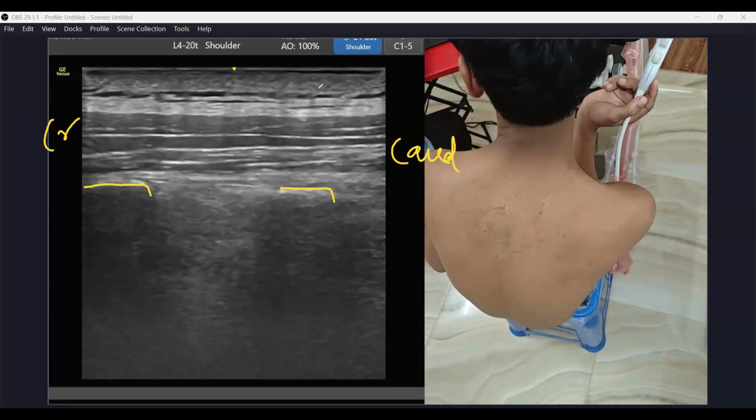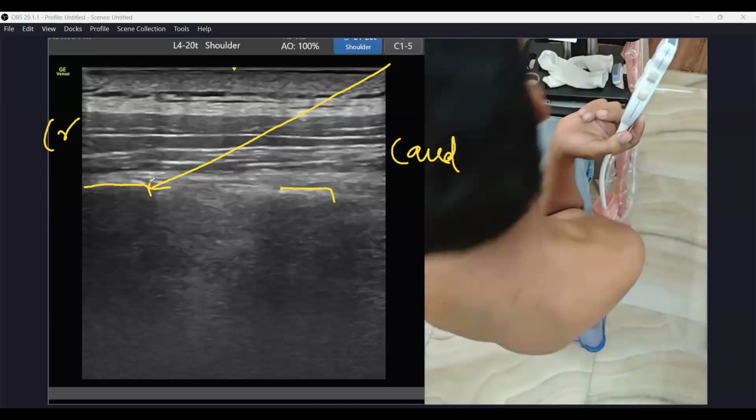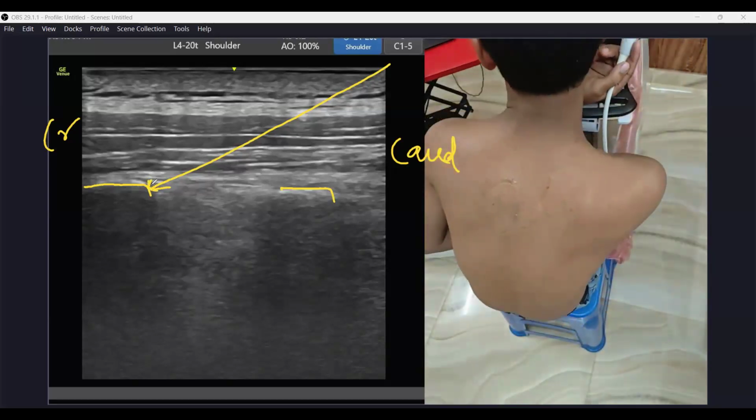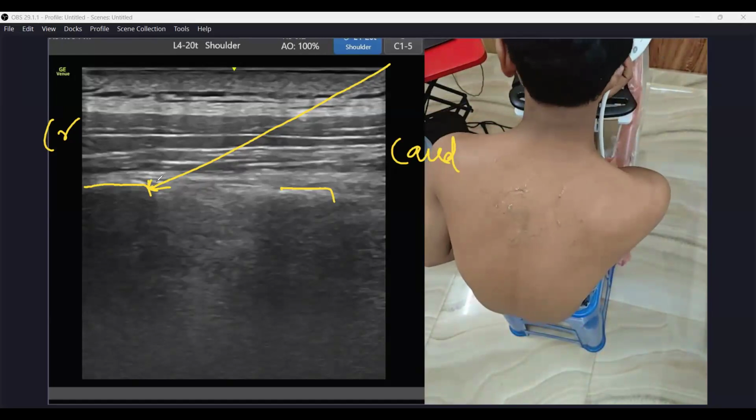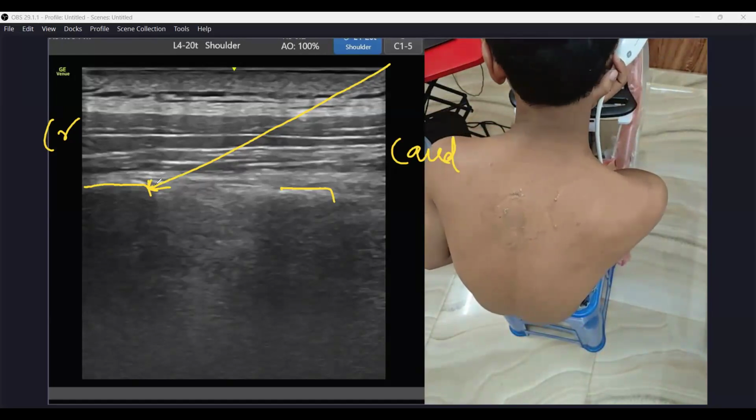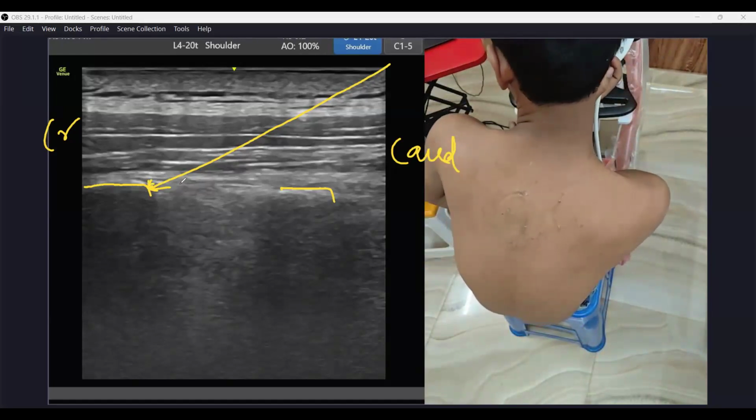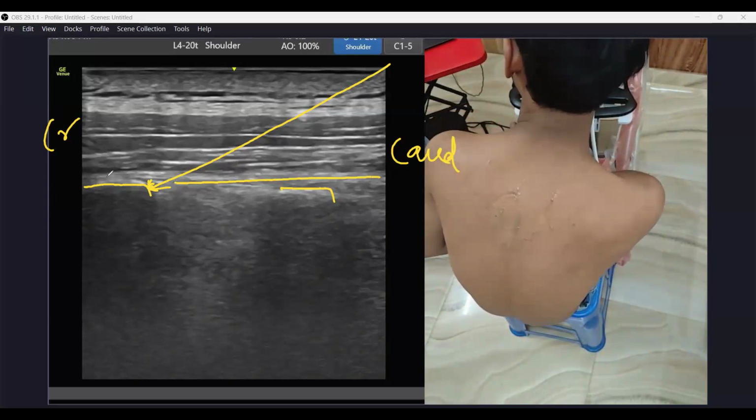Our needle will come from this side to this side. First I will hit the bone and then redirect a bit below, so that the fluid separates the whole plane from the structures below. So that is the erector spinae block.